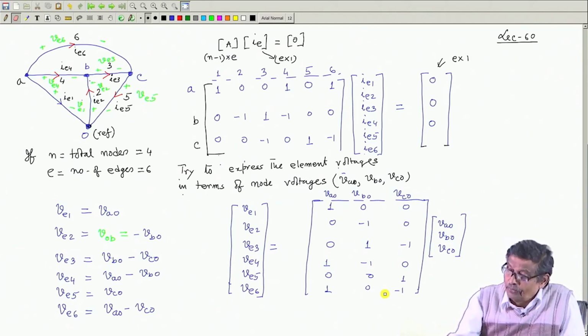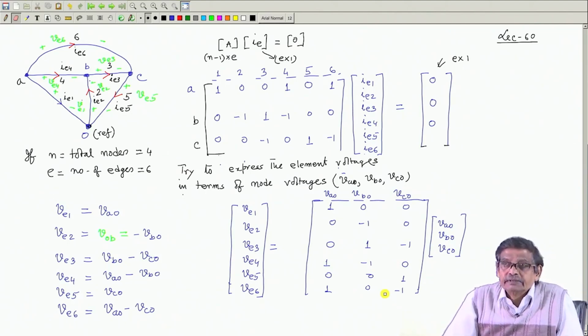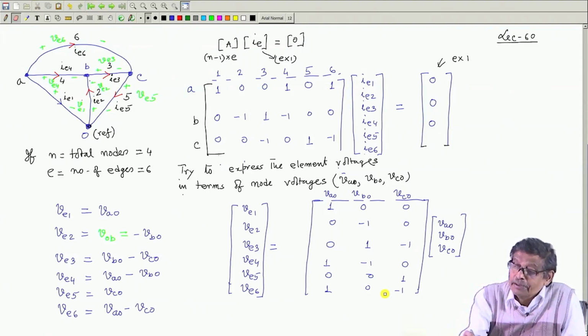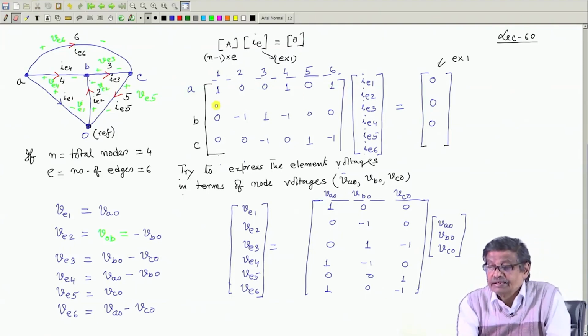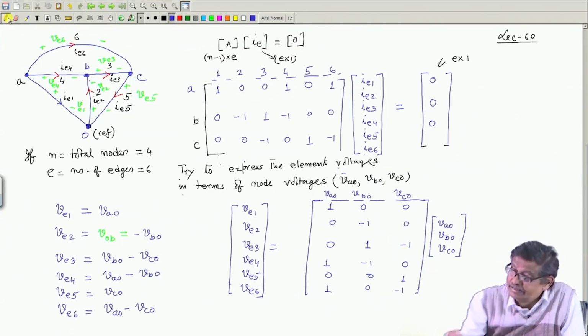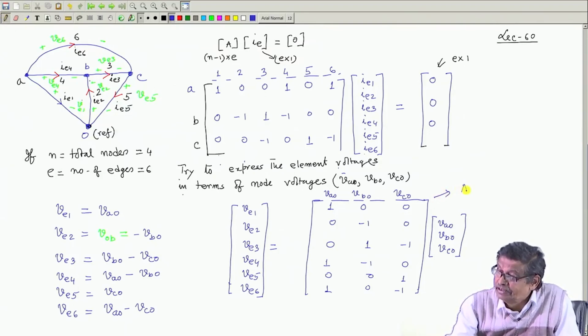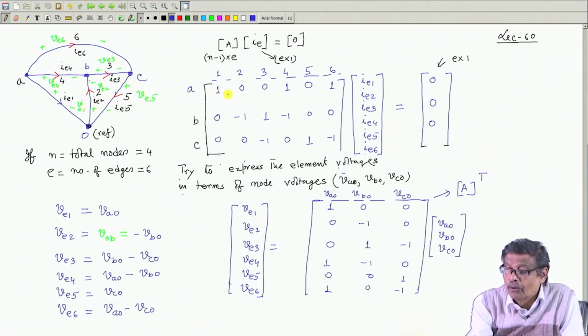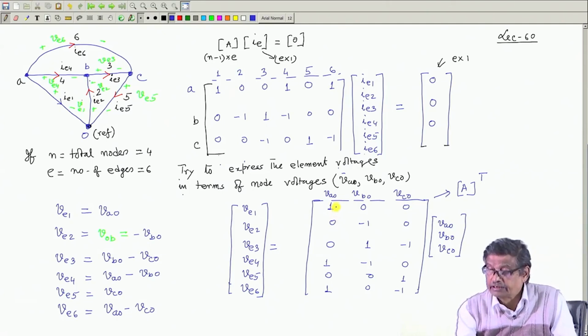Now, the question is, what is this matrix? Should I give it a different name? Now, it so happens this matrix is A. If you see, this matrix is nothing but A transpose. See, first row 1 0 0 1 0 1 of A matrix has become the first column of this matrix 1 0 0 1 0 1.